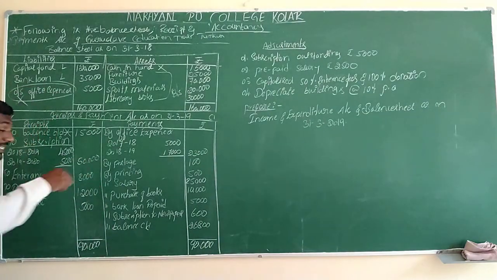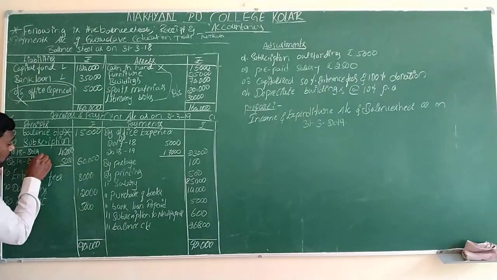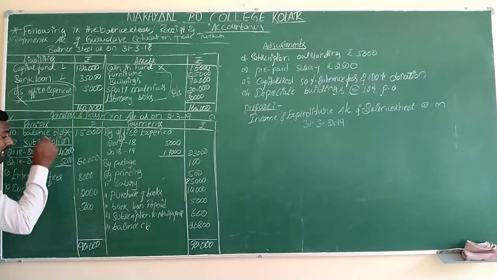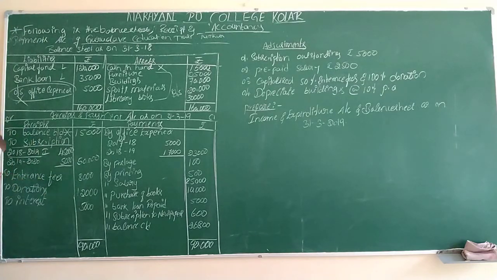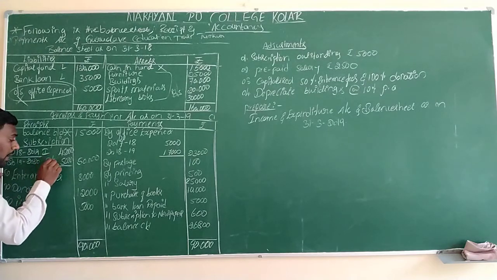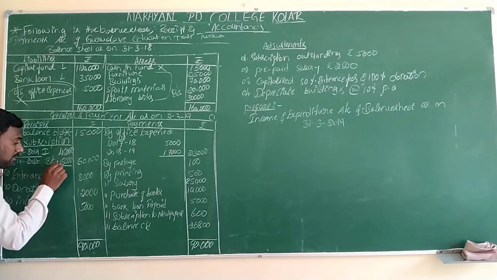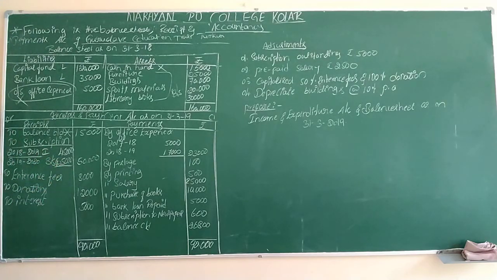We want only present year information. The present year is 2018-19, and it should be considered as income. The next, 2019-20, is the future year. It will come to the balance sheet on the liabilities side. We should record it like this in the new balance sheet.